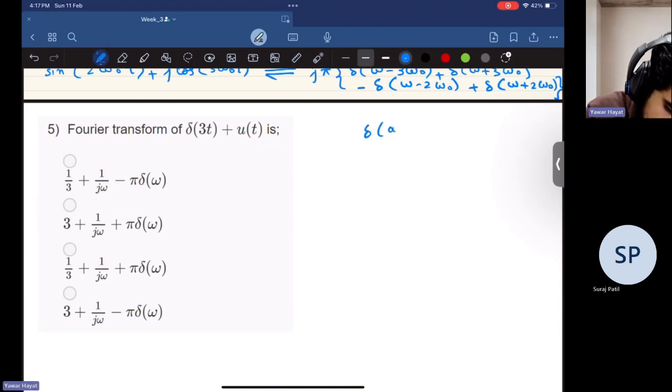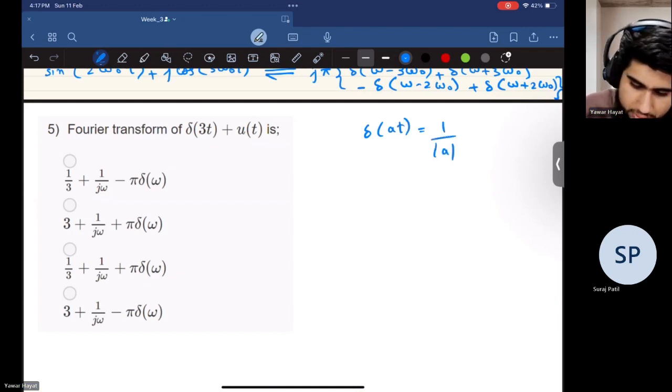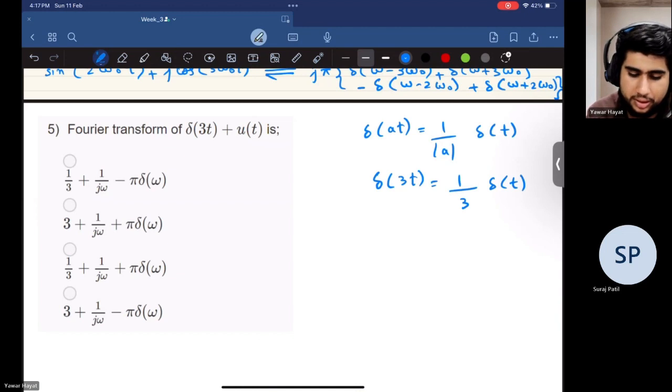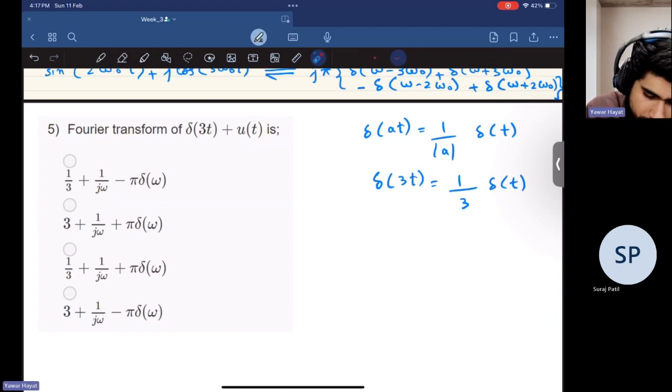Remember, we can write delta of at as 1 by modulus of a delta of t. If I can do that, then I can write delta of 3t as 1 by modulus of 3, which is 3. And when I take the Fourier transform, we also saw that the Fourier transform of delta of t is 1.